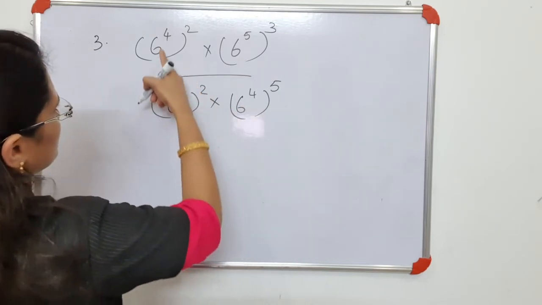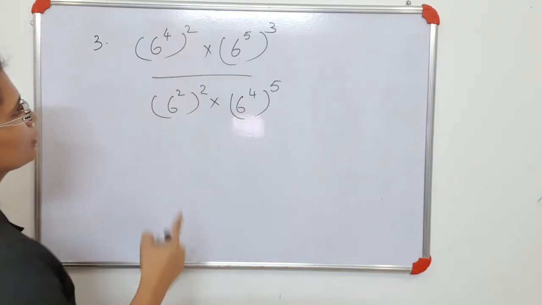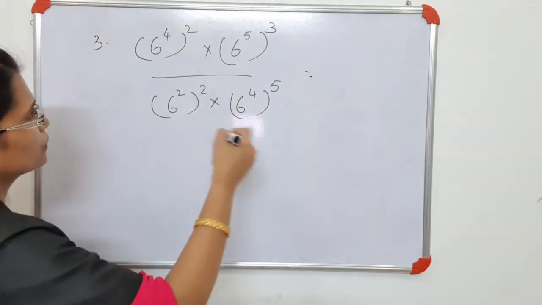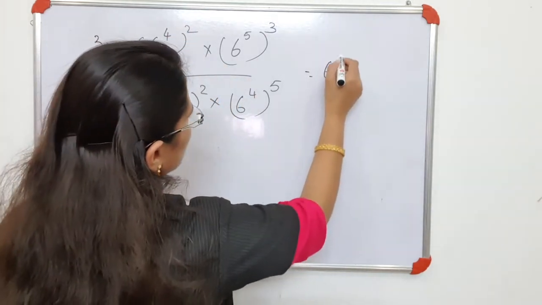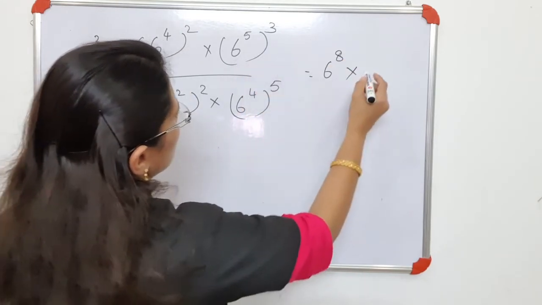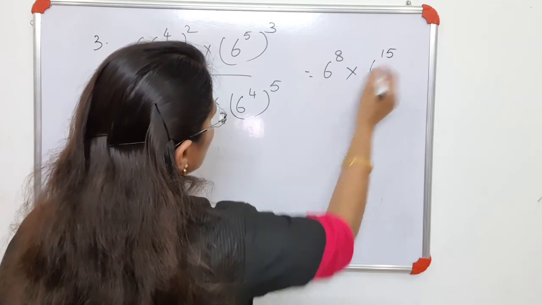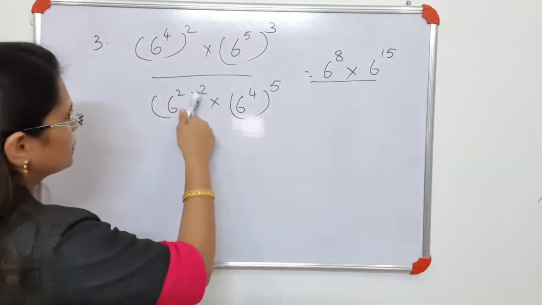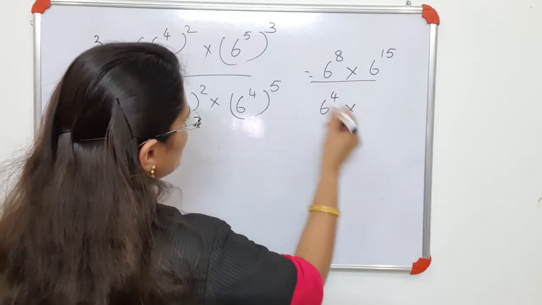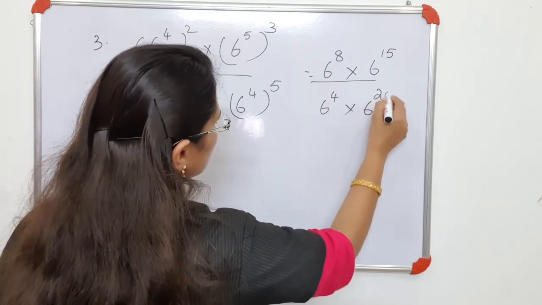What is the answer? 6 raised to 4 whole square means 6 raised to 4 into 2 is equal to 6 raised to 8 into 6 raised to 5 into 3 means 15 divided by 2 into 2, 4. So 6 raised to 4 into 4 into 5, 20. 6 raised to 20.